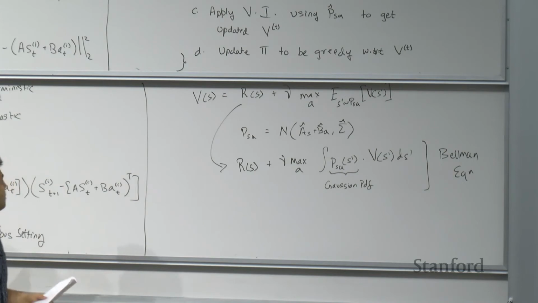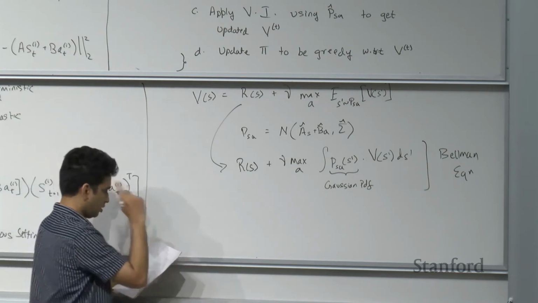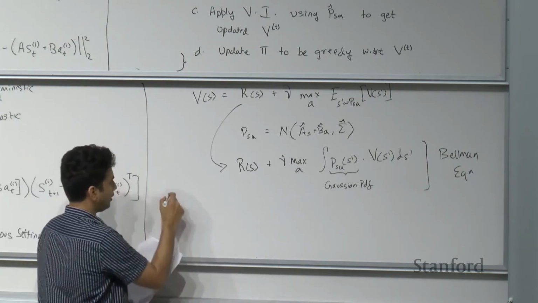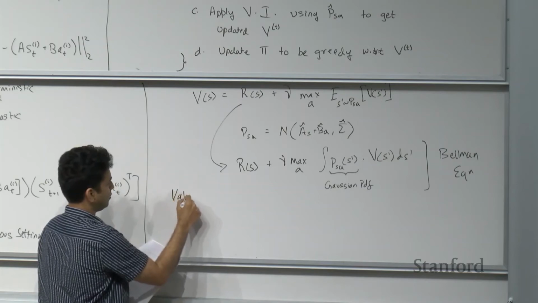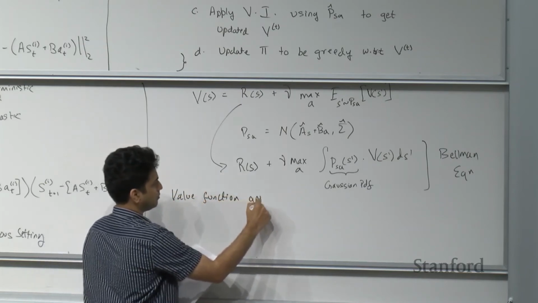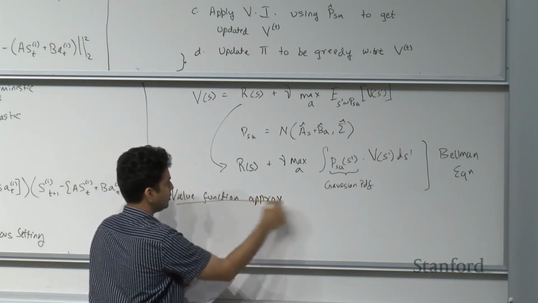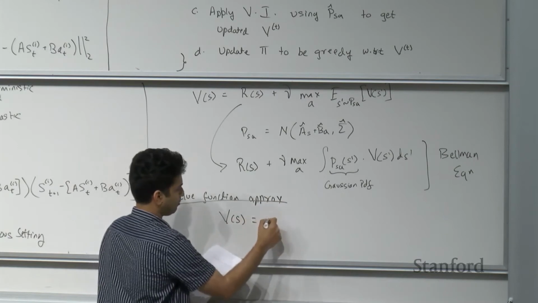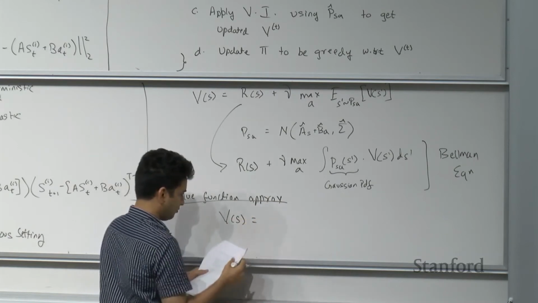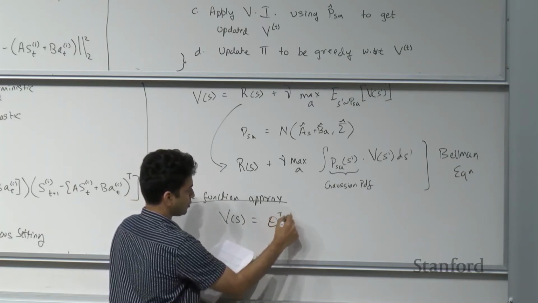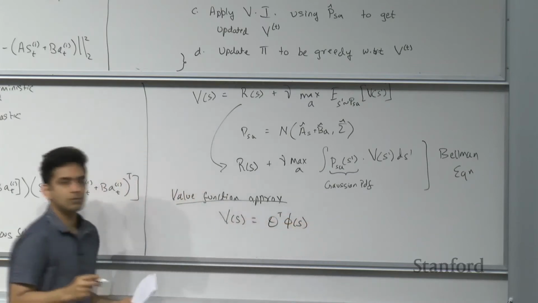However, what we end up doing in practice is to use what is called a fitted value function, or value function approximation, where we say V of S is equal to, for example, in this case, let's assume a simple theta transpose phi of S. Right?